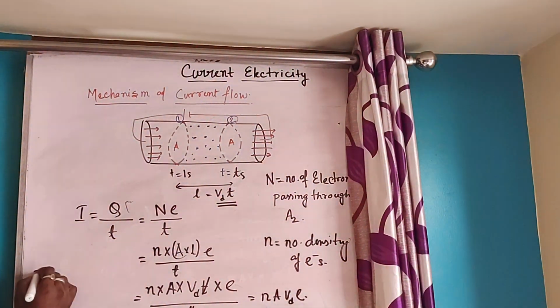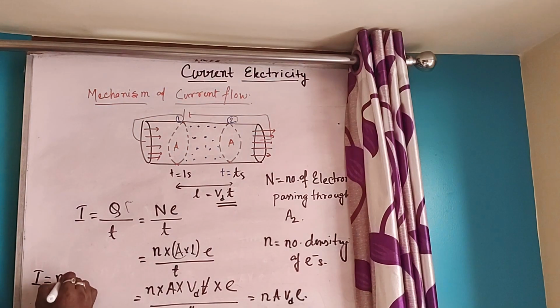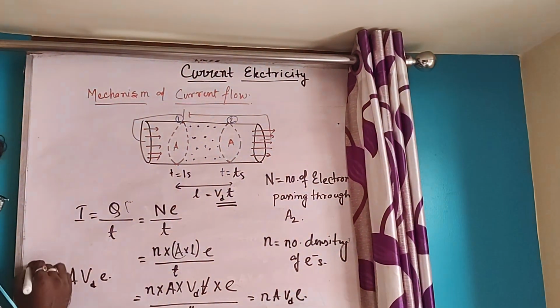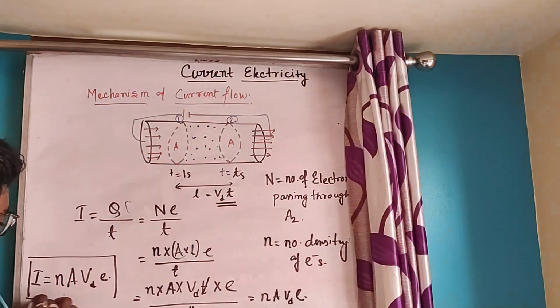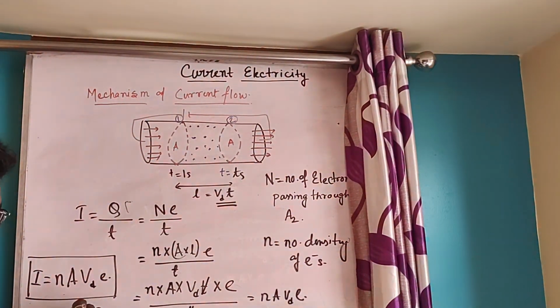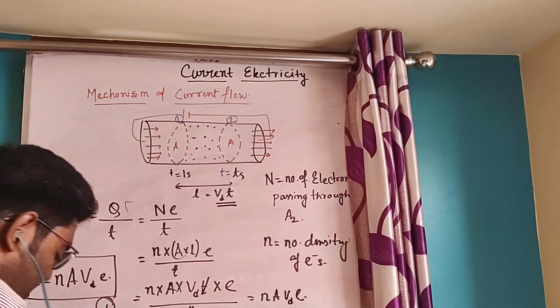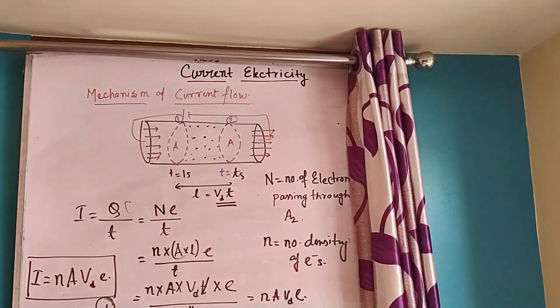Therefore, current equals n A drift velocity into e. This we have attained. This is equation number 1 for this case.